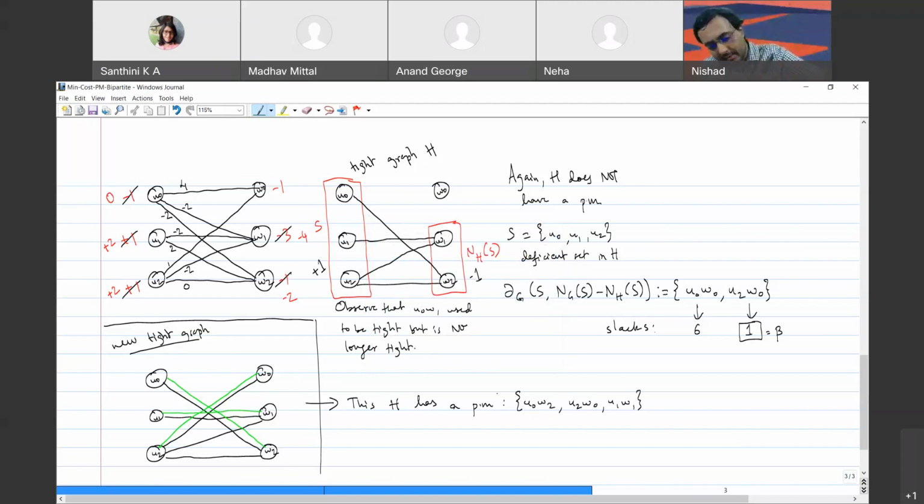And since M, so let's call this M, and Y bar satisfy the CS conditions, M is indeed a min cost perfect matching, and Y bar an optimal dual feasible solution, right? Okay, so this is basically the algorithm.